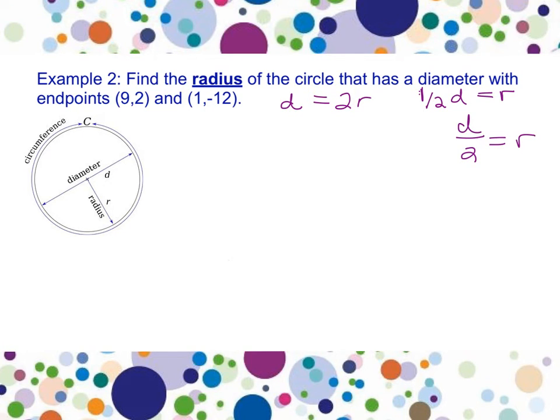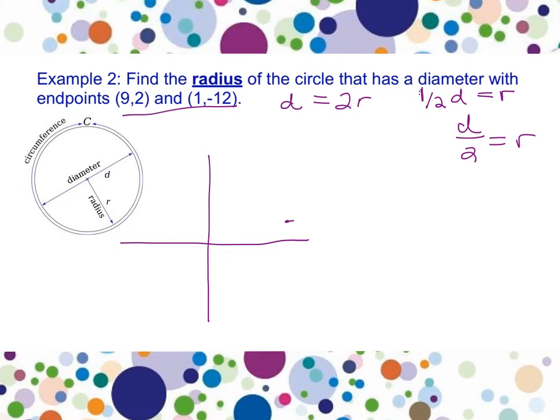So we can find the length of the diameter by using the Pythagorean theorem. And I know I didn't give you graph paper here, but we could just sketch it and think about those numbers. So I'm going to draw a coordinate plane. (9, 2) is out here-ish. We're going to remember that that's (9, 2).